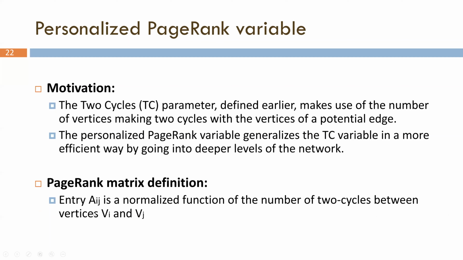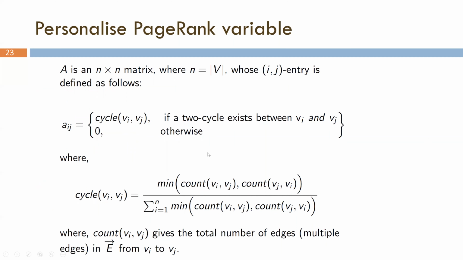And we normalize the PageRank matrix with the number of 2 cycles between Vi and Vj. A of ij is a normalized function of the 2 cycles between Vi and Vj, which you can see here. This is the minimum number of cycles between Vi and Vj, normalized.